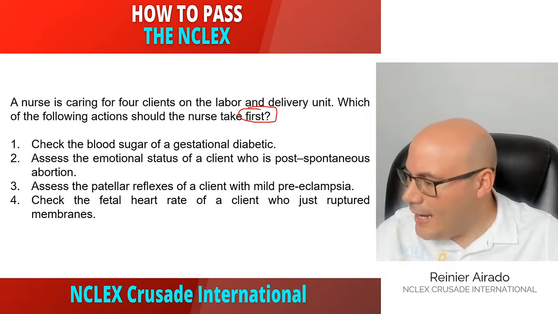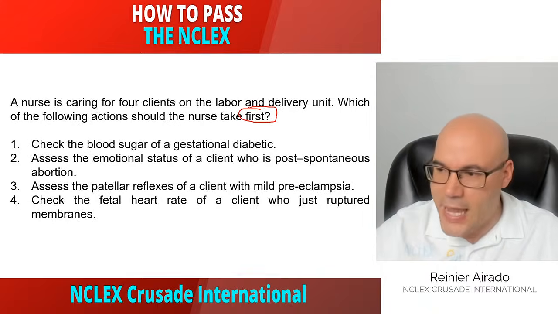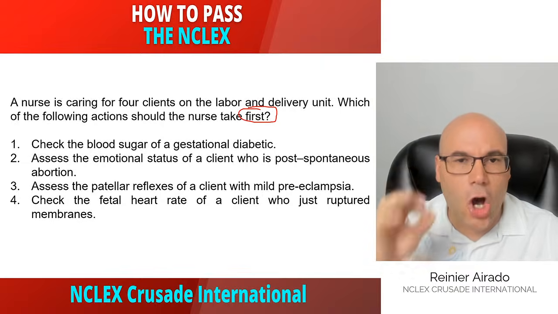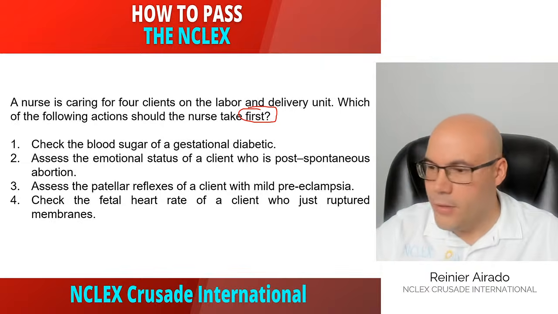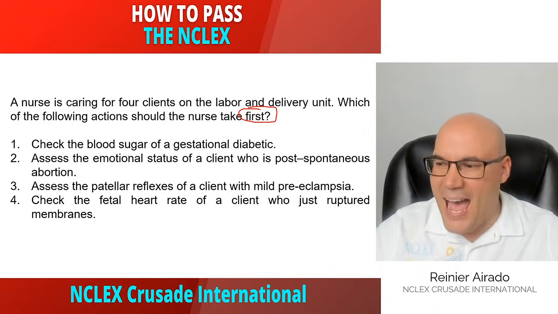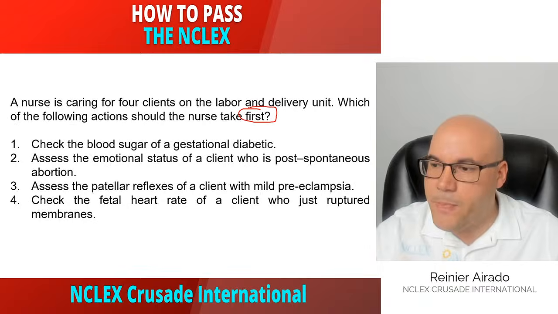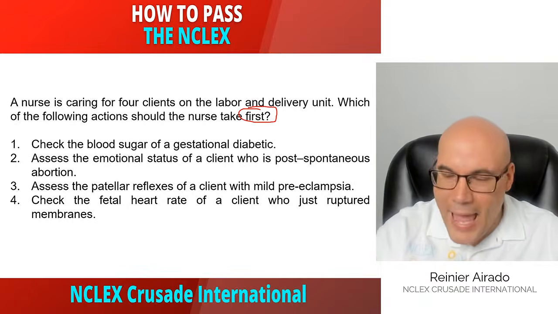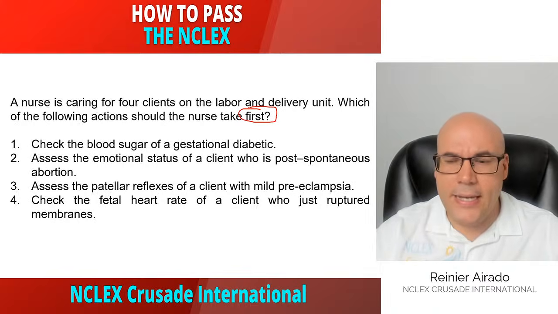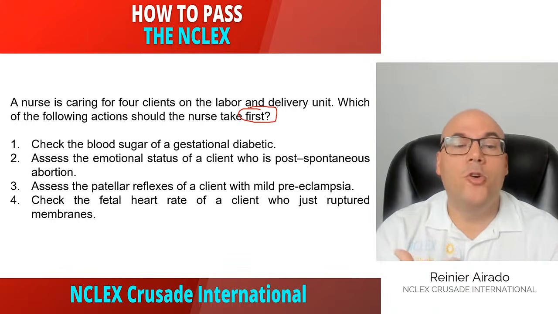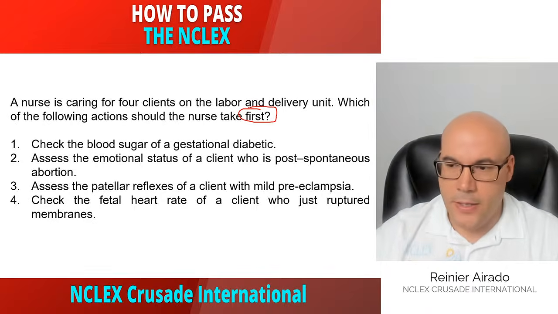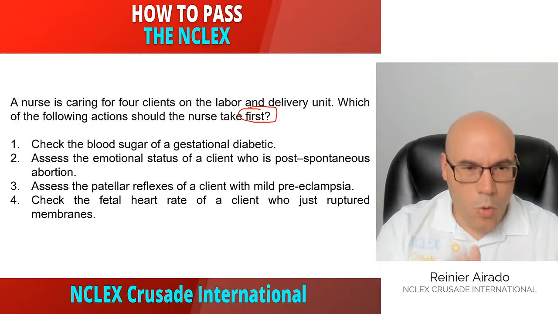Do I have any clinical manifestations that indicate that this patient is unstable? No, there are no clinical manifestations that this patient is experiencing any problem. So for now, I don't think this is the answer, but I have to compare it with the other answers. So I'm going to compare 1 and 2.